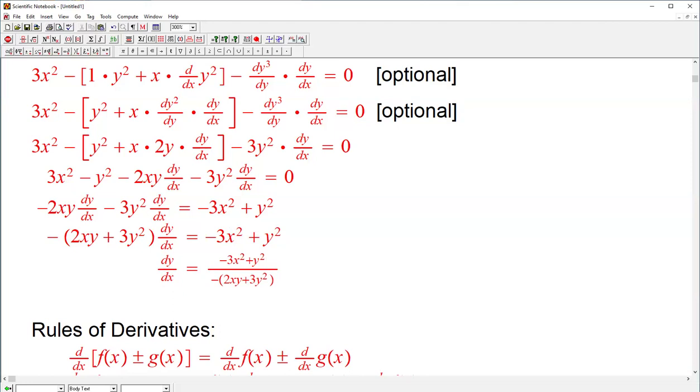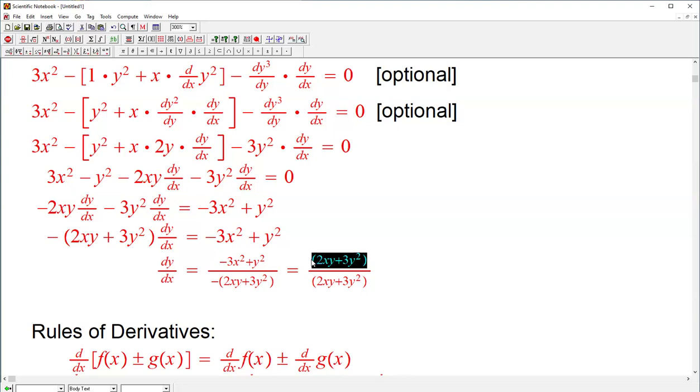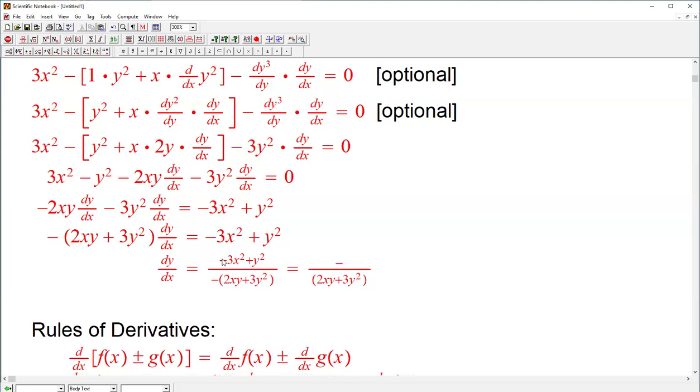This certainly looks a little awkward, right? So you can do some algebraic manipulation. You can move this negative sign to the top. You keep the parentheses, you keep the denominator, and you move the negative sign to the top.